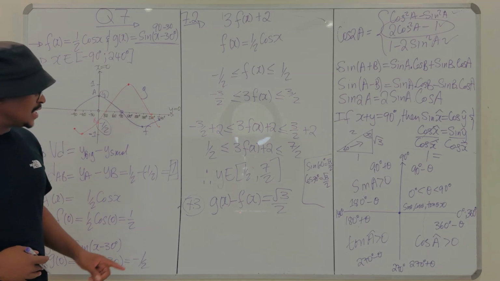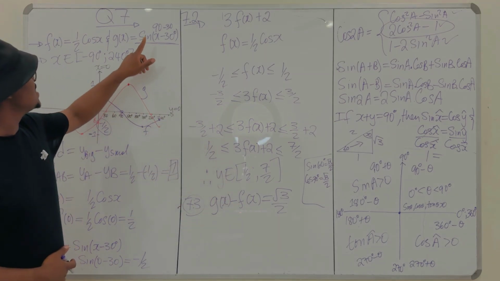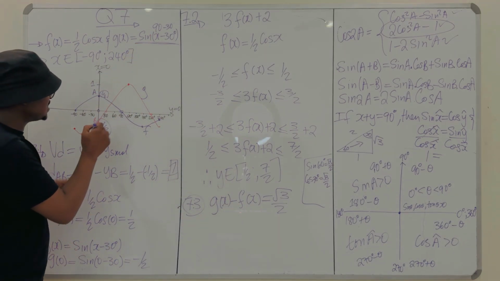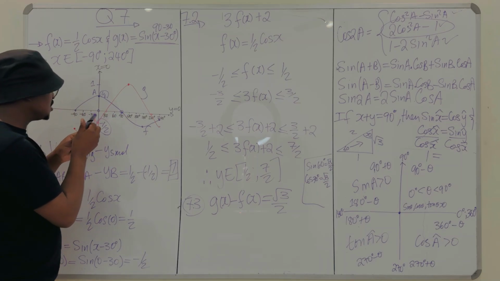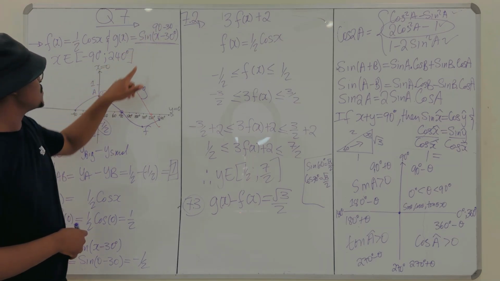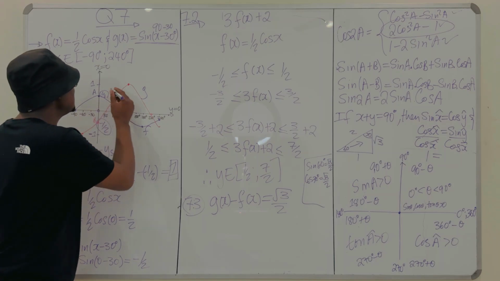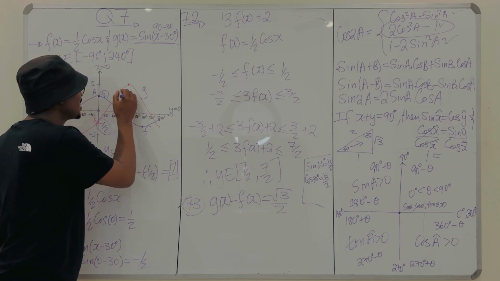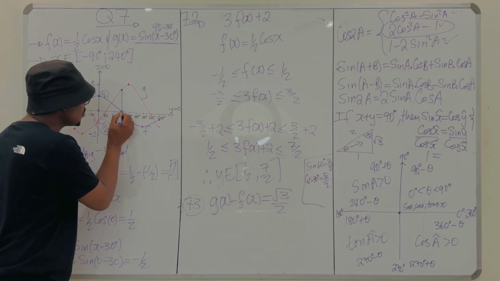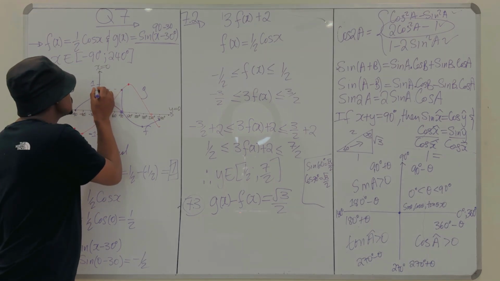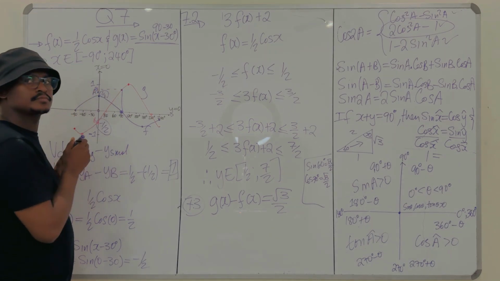Then now, let's look at f at 90 degrees. f at 90 degrees is 0, as you can see over there. So you have the sine of 60 degrees minus 0, because these are the points that are directly above each other. The one is 0 here, and the one over there is root 3 over 2.